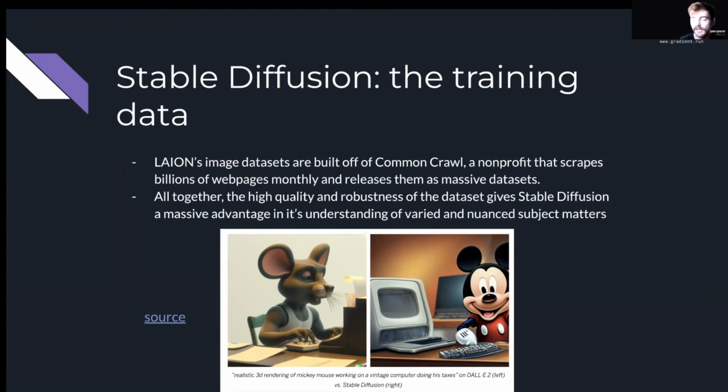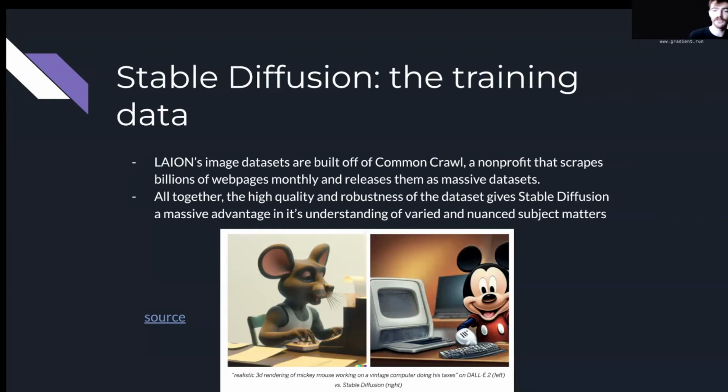All together, the choices they made for the training, starting with the high resolution and then working down to these aesthetically pleasing and watermark-free images, allowed a really high level of quality and robustness to be given to the pre-trained model, and a massive advantage compared to a lot of other, I'm guessing, future pre-trained versions of latent diffusion models in understanding really varied and nuanced subject matters.